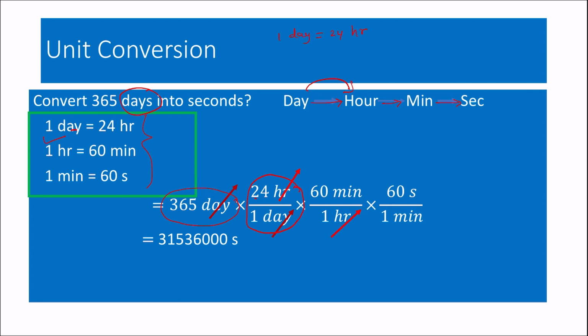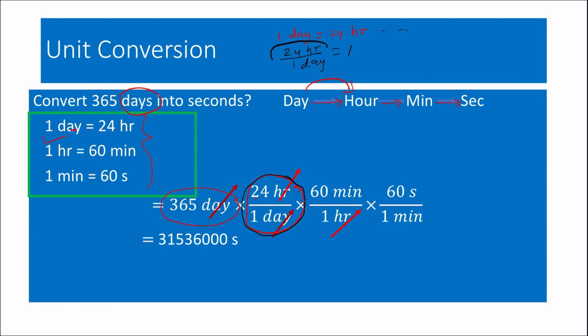Let me use a different color. So that means this can be written as 24 hours over 1 day, which is equal to 1, right? So this term is equal to 1.